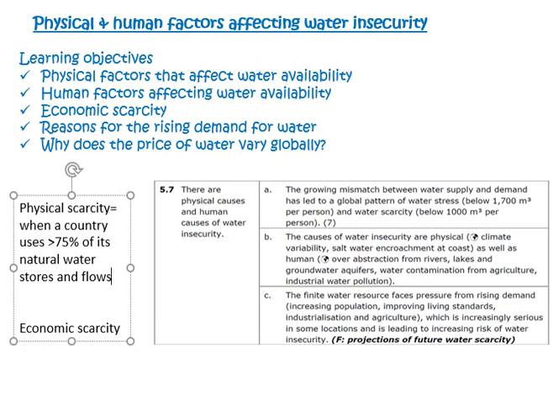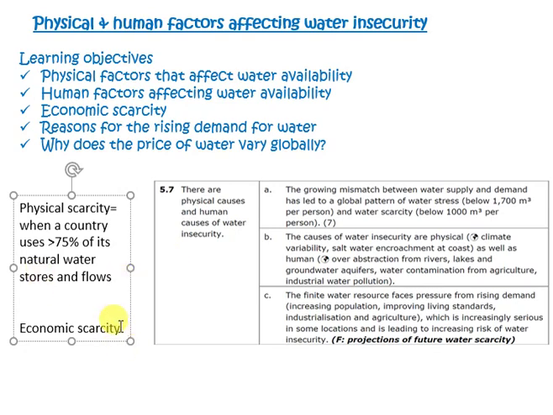Thinking back to the very first lesson on this topic, water stores could be aquifers, could be lakes, for instance. Flows, you're probably thinking in terms of rivers, streams, tributaries, that kind of thing. So if a country is using more than three quarters of what's there, then it's got a physical scarcity.